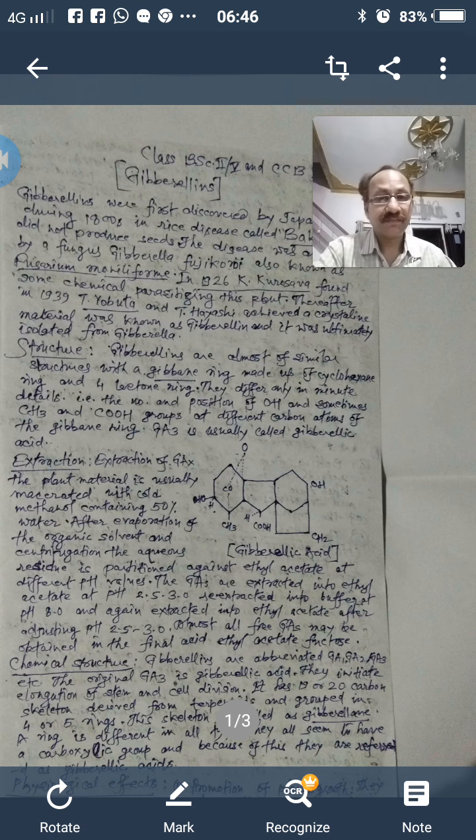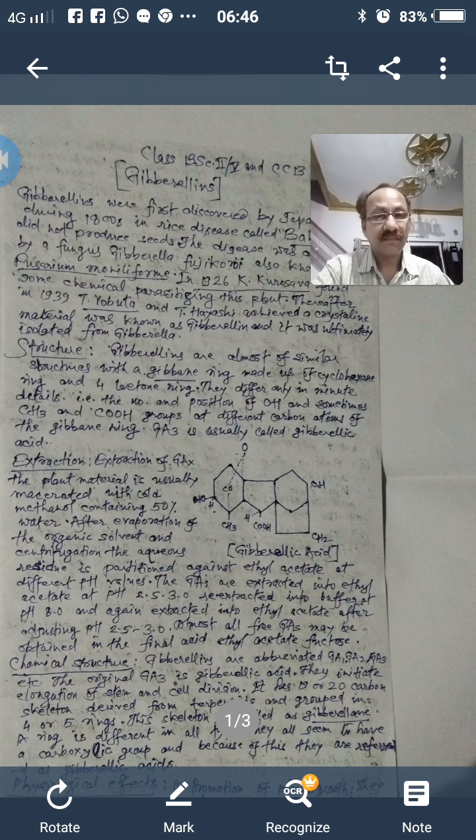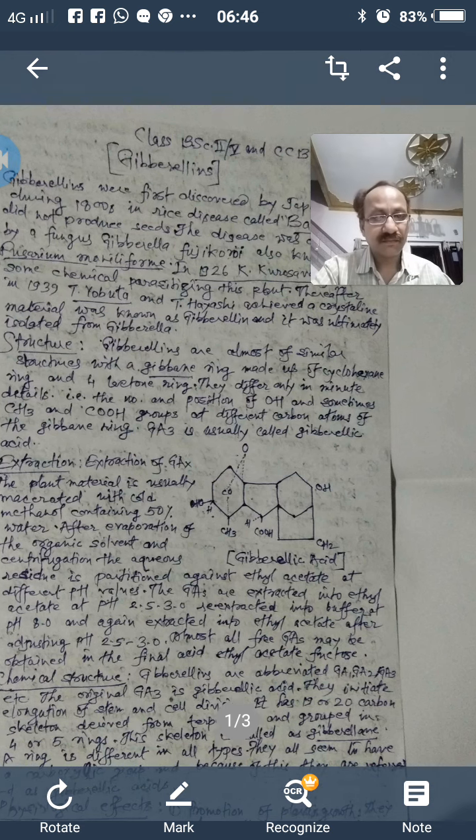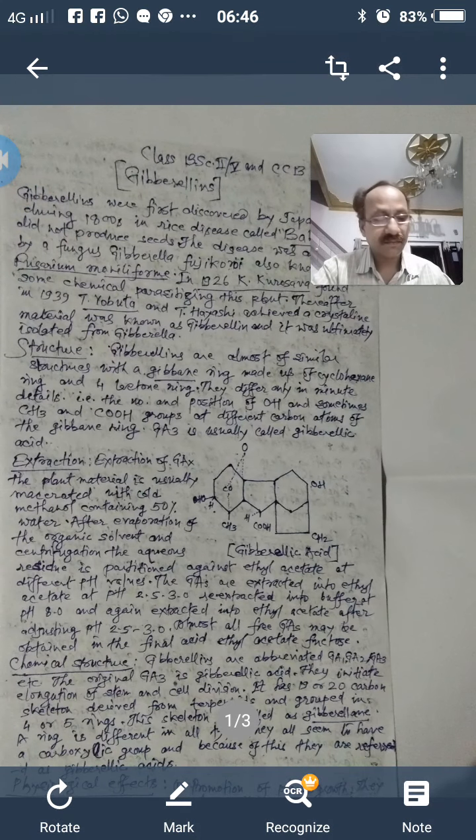Chemical structure. Gibberellins are abbreviated GA1, GA2, GA3, etc. The original, GA3, is gibberellic acid. They initiate elongation of stem and cell division.